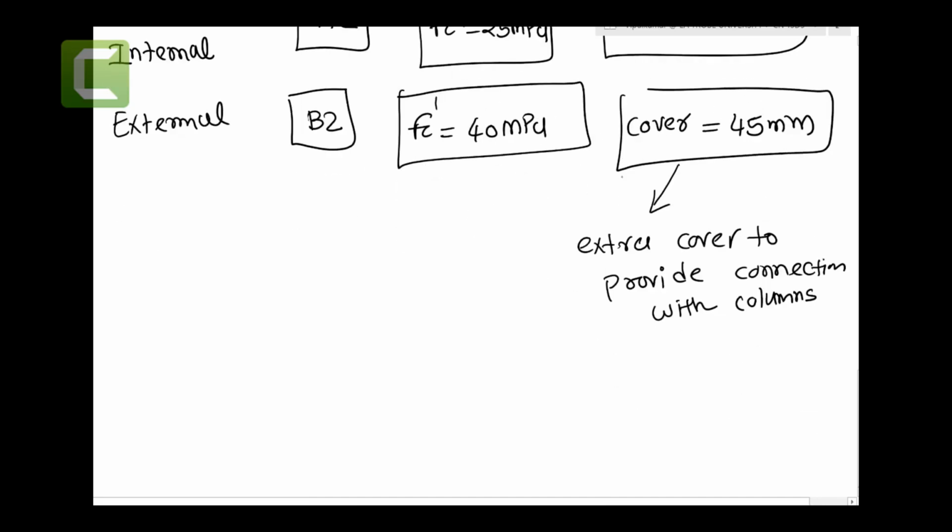For external only, that's where we need to provide the connections. We put 45 millimeters and we add extra 15 millimeters to accommodate that. So we go for 60 millimeters cover for external columns.